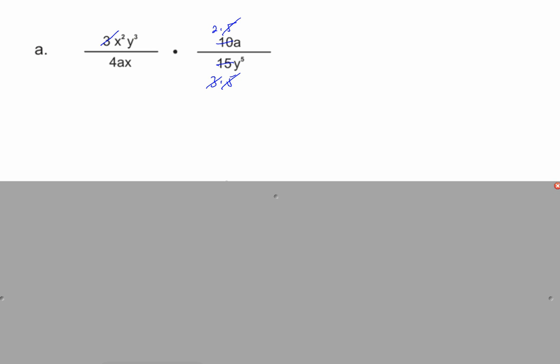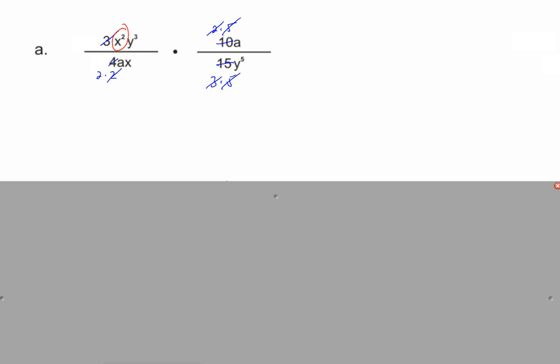They're gone. And I see this 4 over here, and I can take care of one of the 2s on the bottom with that 2 on the top. And now I'm left with a lonely 2 in the bottom left. But that's it. No more numbers left, right? Now I'm going to start working on my variables.